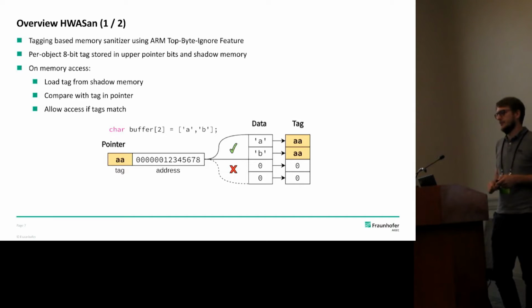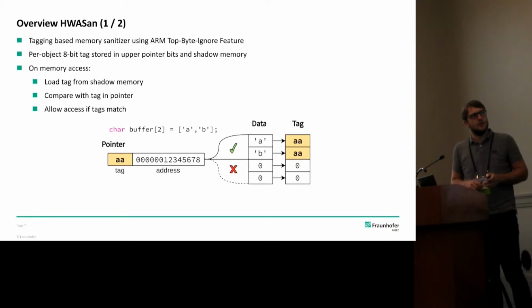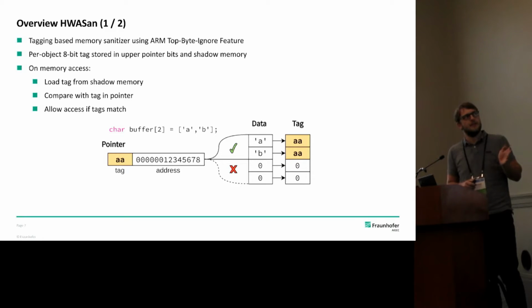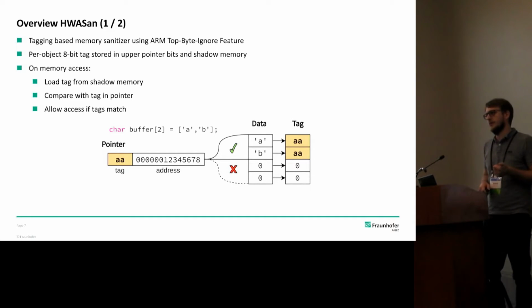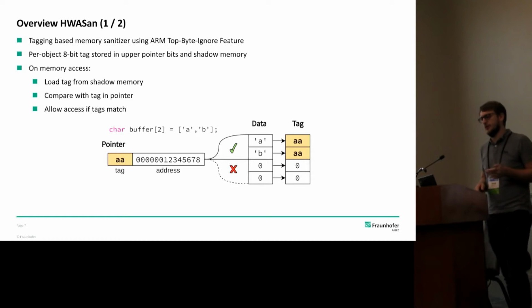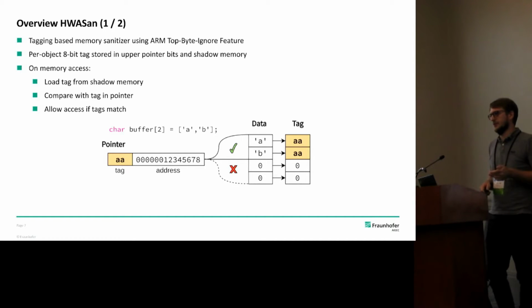One example for a sanitizer is the hardware-assisted AddressSanitizer, and it's based on address tagging. The tagging-based sanitizer uses a tag which is stored in the pointer variable and also in shadow memory. Every time memory is accessed from a pointer, it will load the tag from shadow memory and compare it with the tag in the pointer, and then only allow the access if the tags match.